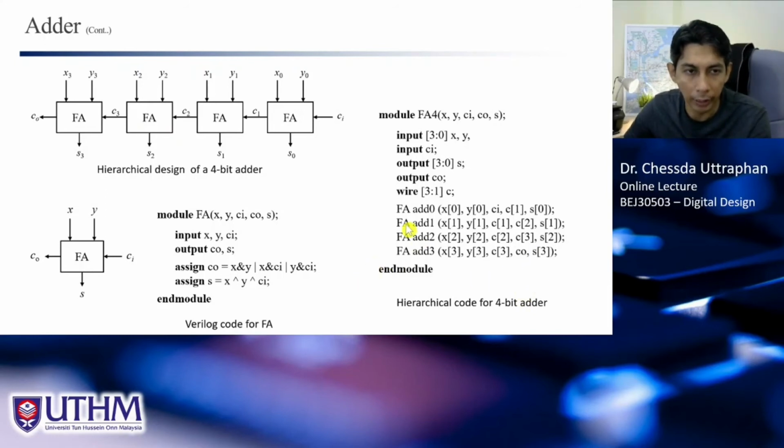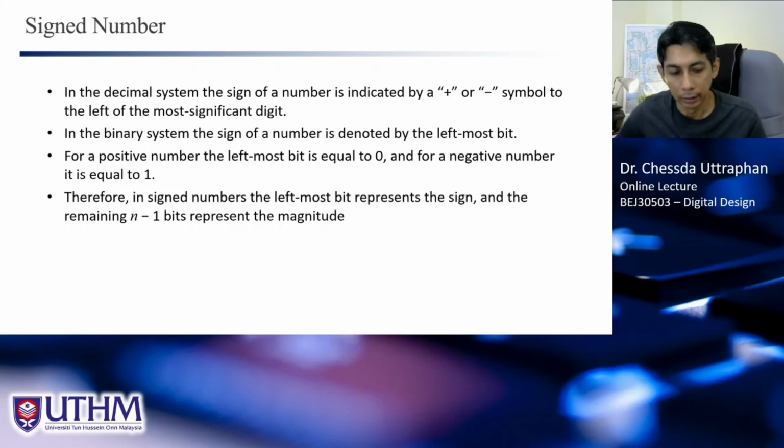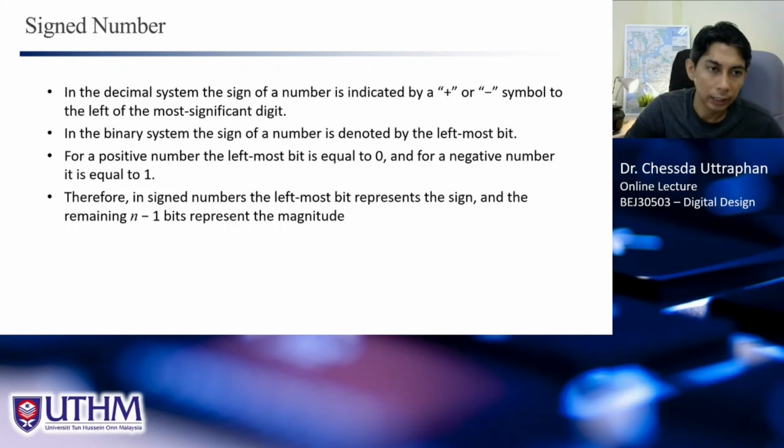And this 4-bit adder can be used to add a 4-bit number, right? So that is adder, how we add numbers in digital hardware. Now the interesting thing is how to subtract a number.